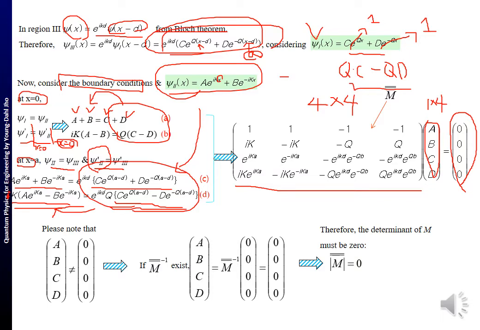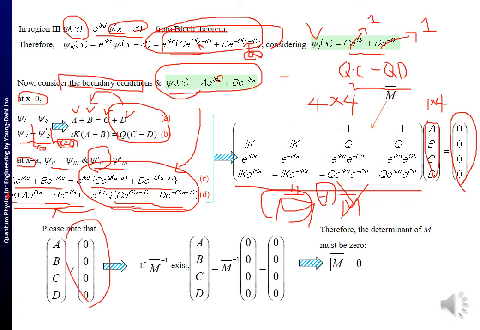If this is matrix M, and if the inverse exists, then A, B, C, D should be equal to 0, which is wrong.